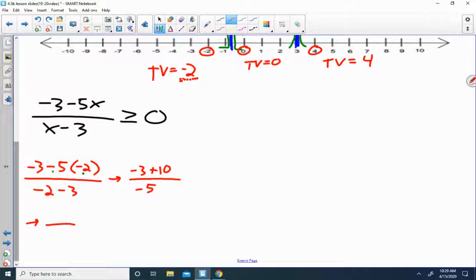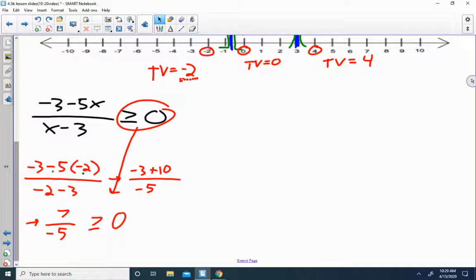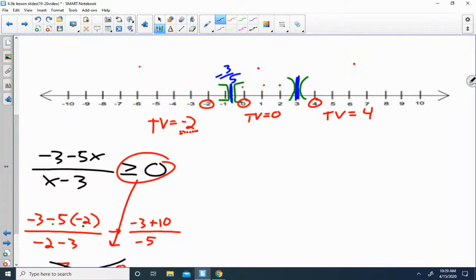On top, -3 plus 10 will give you 7. On the bottom, you get -5. So that's what it simplifies to. But is that greater than or equal to 0? Sadly, this is a negative number because of the -7/5, and a negative number cannot be greater than 0. So that is a false statement. In other words, the first interval flops.